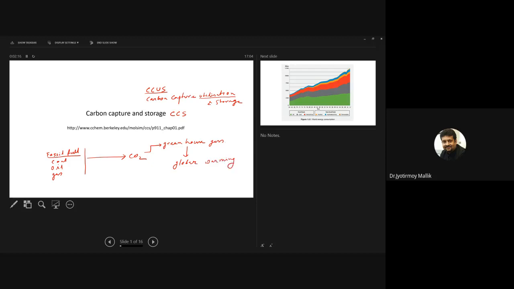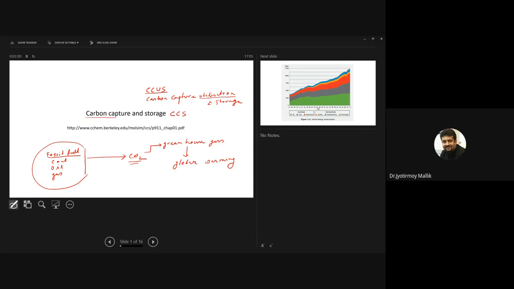So there is a natural carbon cycle that takes place, which we talked about before. But while you burn fossil fuel in the industry or anywhere, the carbon dioxide that you generate is actually the surplus carbon dioxide, which doesn't get completely neutralized by the carbon cycle. So it remains free in the atmosphere, which results in all sorts of environmental disasters like increment in the greenhouse gas content in the atmosphere, and resultant global warming, right?